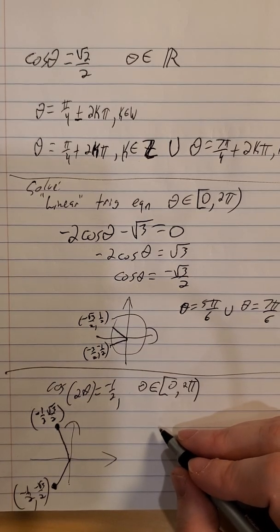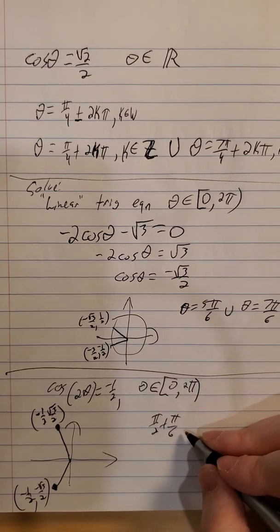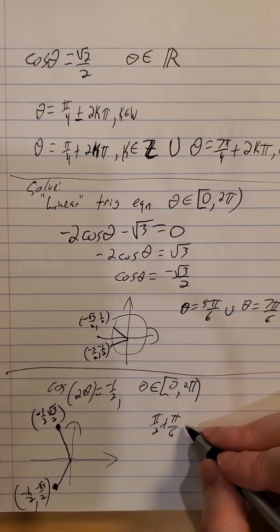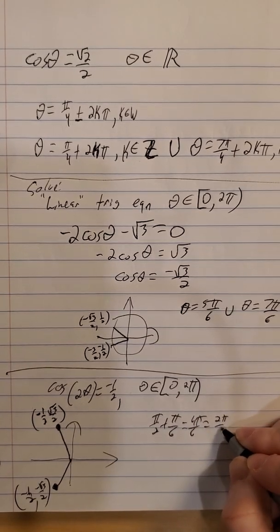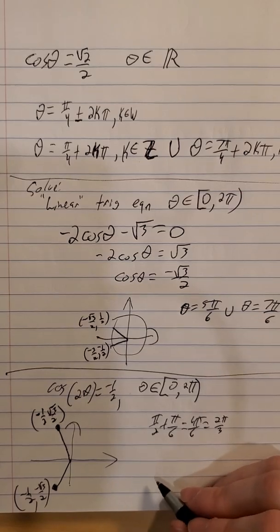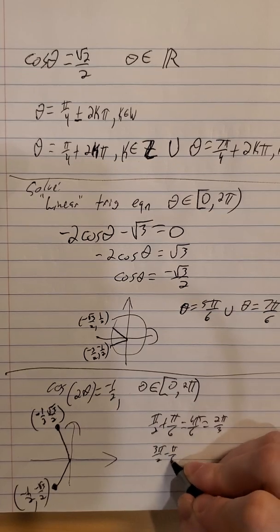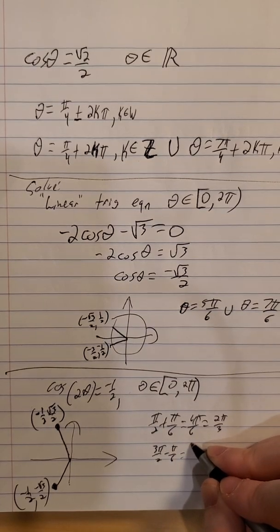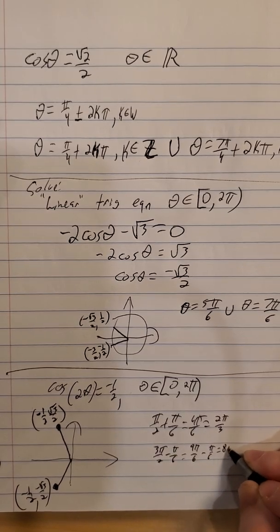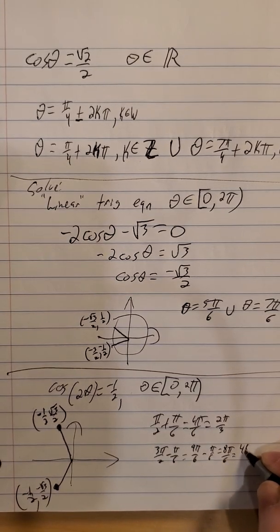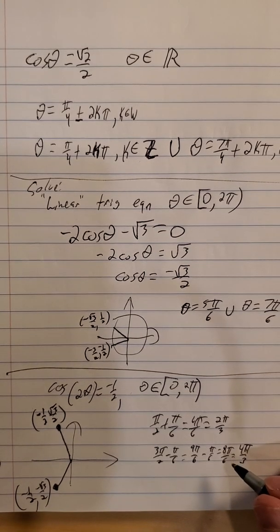So we have pi over 2 plus pi over 6, so that would be 4 pi over 6, which then gets us to 2 pi over 3. The other one is 3 pi over 2 minus pi over 6, so 9 pi over 6 minus pi over 6, 8 pi over 6, which is 4 pi over 3. So we know the 2 spots where this would happen.